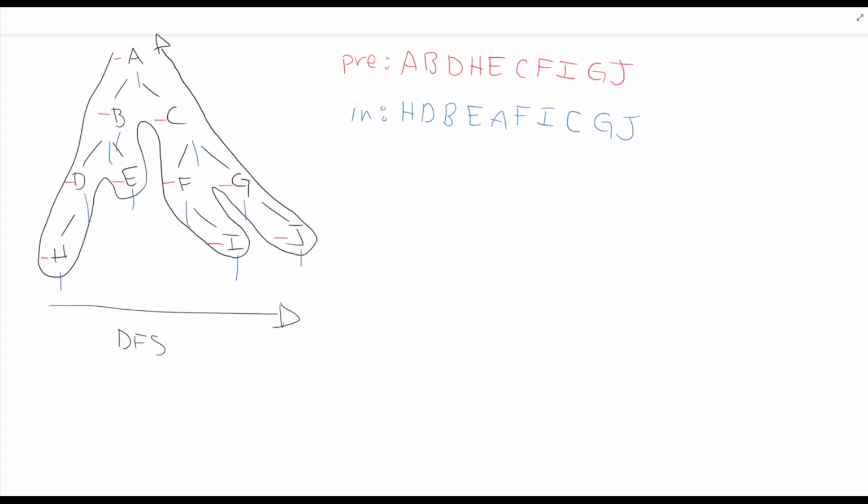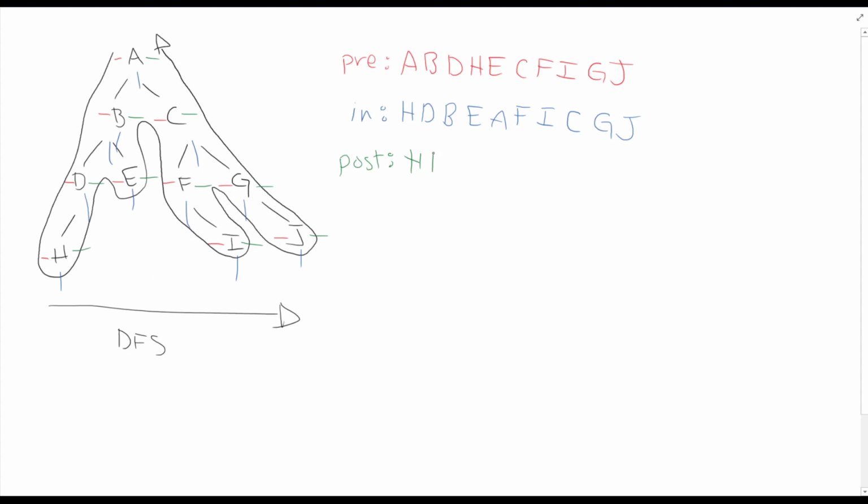Okay, and hopefully you've anticipated now that we can also get the post order by going to the right-hand side. Again, reading it through as we go. H is still the first. So we went H going through.